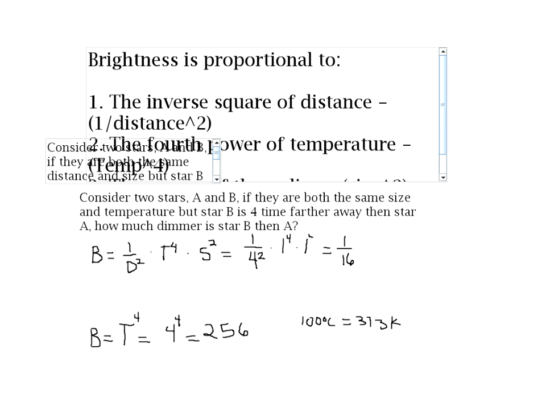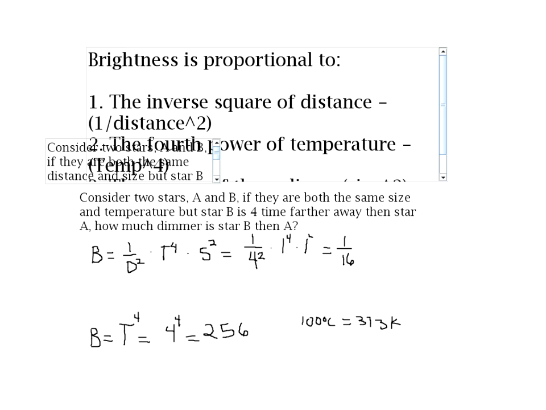So this is going to be 373 times 4. That would give you 1,492 Kelvin, which is 4 times as hot.